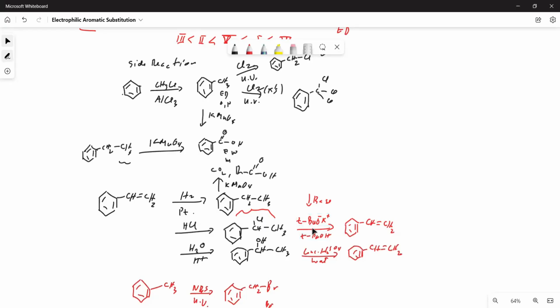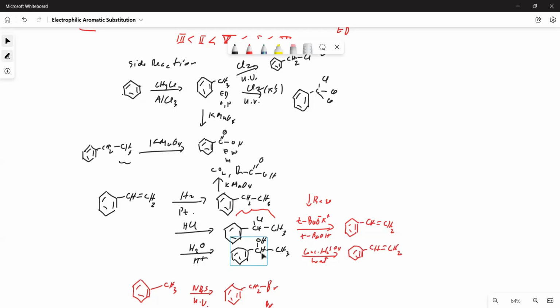T for tertiary, and then you have potassium butoxide. Okay? This is a very strong base, and this will remove the HCl. That's why you can regenerate the styrene. Okay? And this product is the precursor for the synthesis of styrofoam, no? Styrofoam cups, no? Polystyrene.